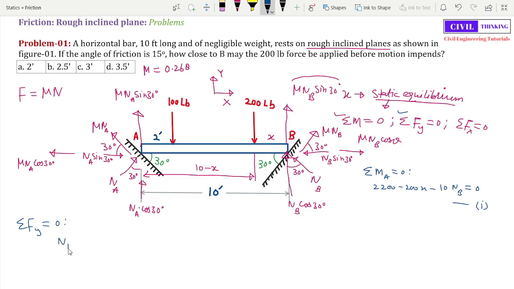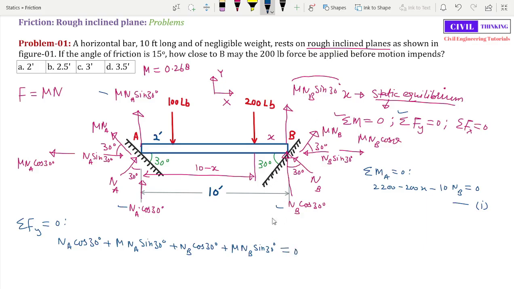Let me write Na cos 30 degrees, then I will add this plus mu Na sine 30 degrees, all right? Then Nb cos 30 degrees, then plus mu Nb sine 30 degrees. Okay, all of this is 0.